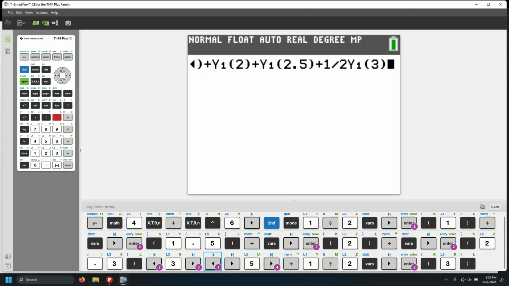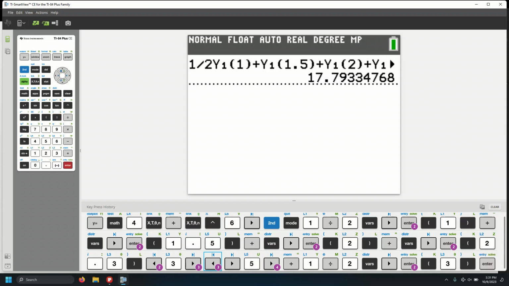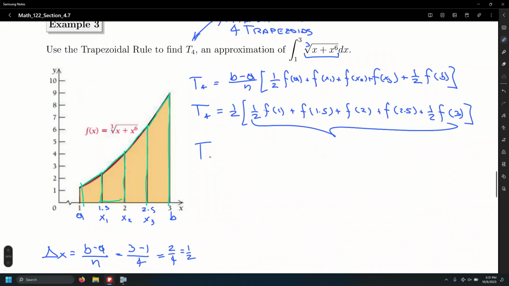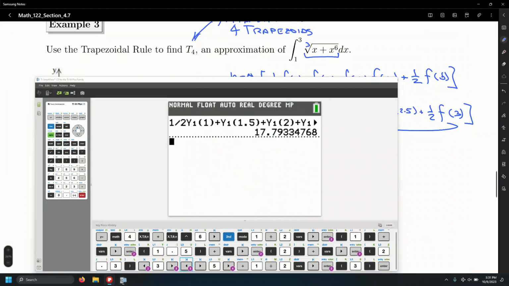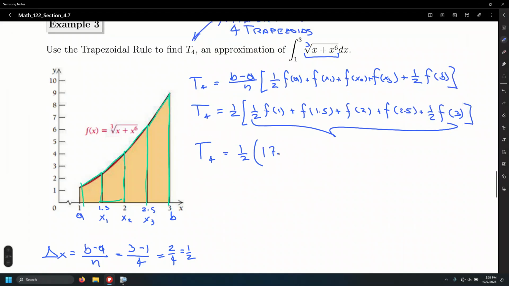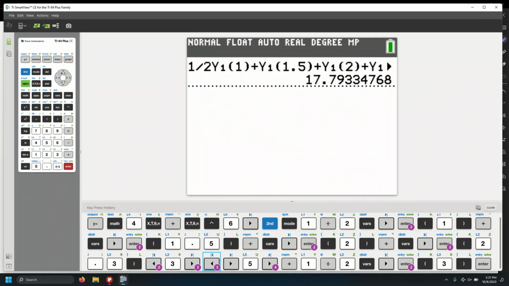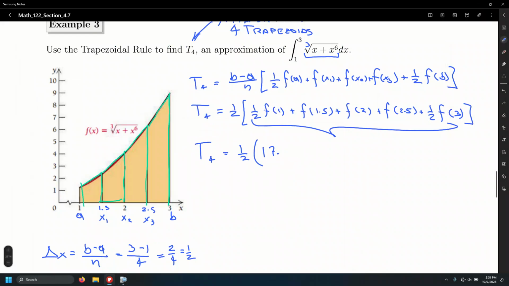Once you get that, click enter. That's going to give us only the inside of the parentheses. T sub 4 equals 1/2 times the quantity, which is 17.7933.